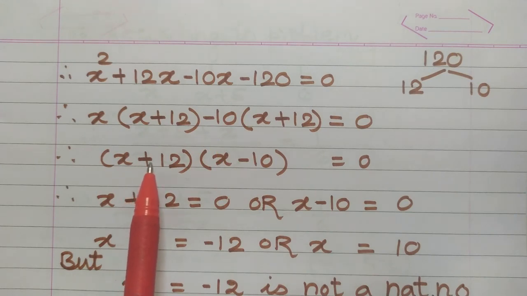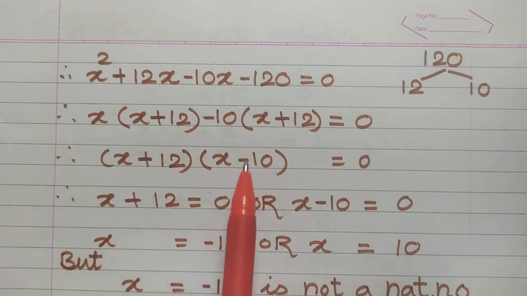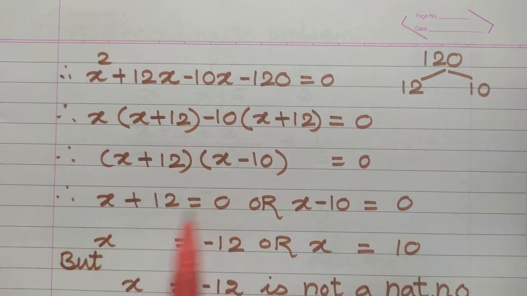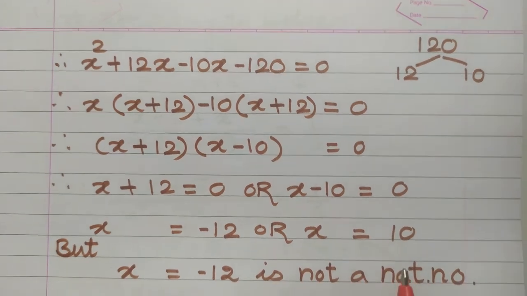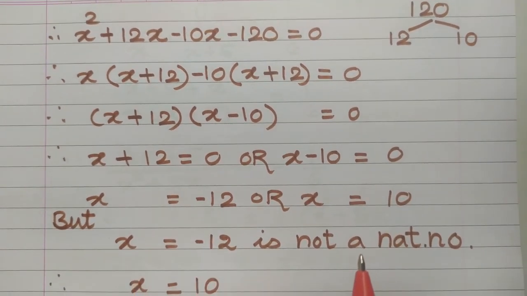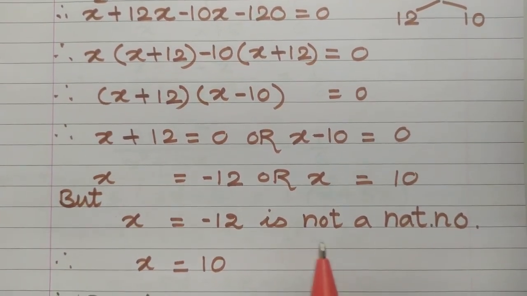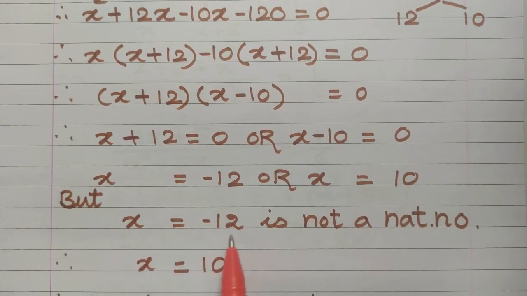That gives us either x plus 12 is equal to 0 or x minus 10 is equal to 0. So if x plus 12 is equal to 0, x can take the value minus 12, or when x minus 10 is equal to 0, x can take the value plus 10. But according to the problem, x is a natural number and the value x is equal to minus 12 is not a natural number.